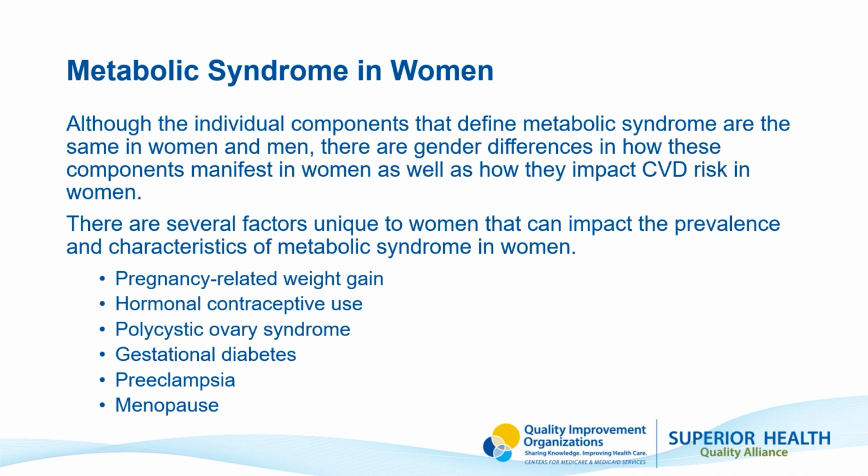Polycystic ovary syndrome has many characteristics similar to those of metabolic syndrome. In fact, the prevalence of metabolic syndrome in PCOS is approximately 43 to 47%, twice as high as the prevalence in the age-matched general population. Women with a history of preeclampsia have a greater insulin resistance and an increased incidence of hypertension when examined years later.